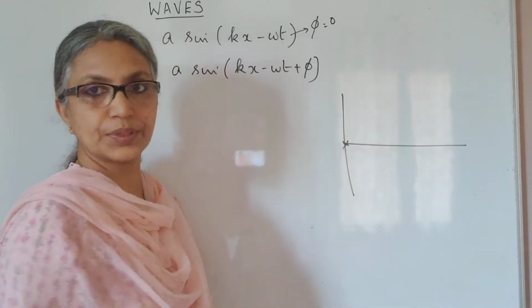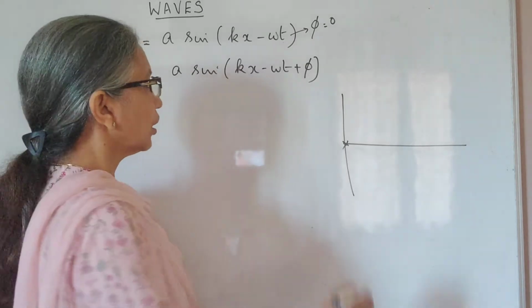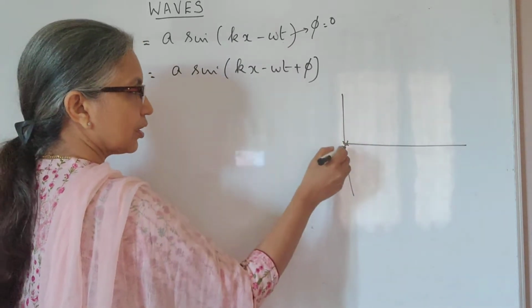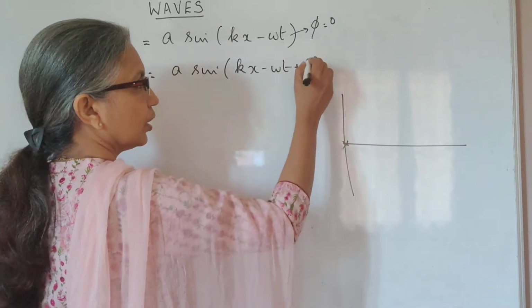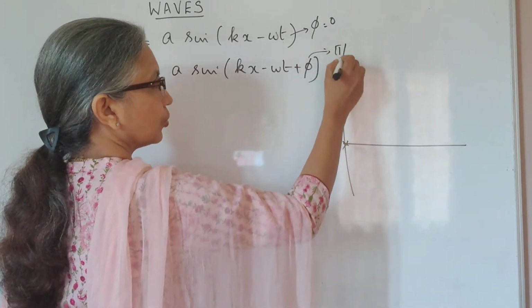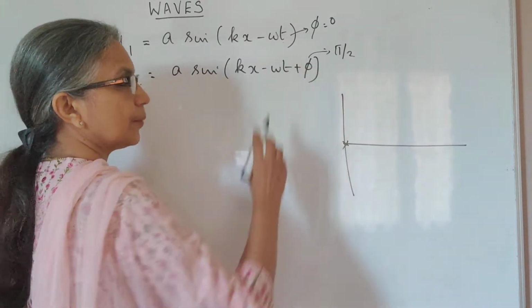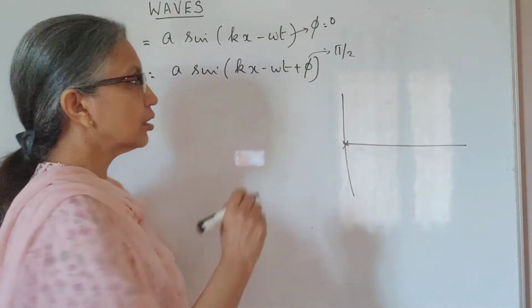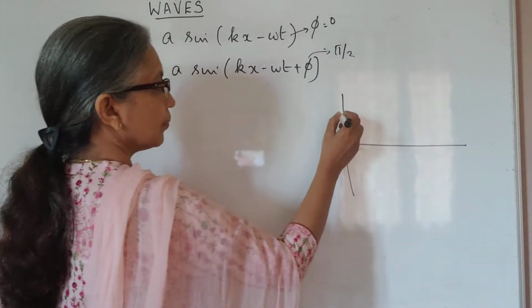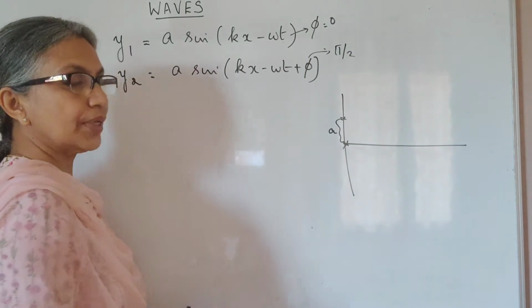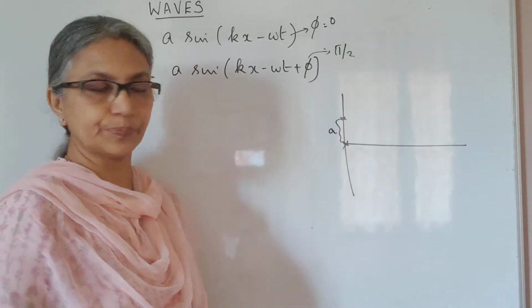That means it is going to be at the mean position. Now for the second one, at the same time, the particle is at the origin at time t equal to 0. Let's say φ is π/2. Then we have sin(π/2), which gives you 1. So the displacement of the particle is maximum, that is, at A. This is what you mean by the two waves maintaining a phase difference of π/2.